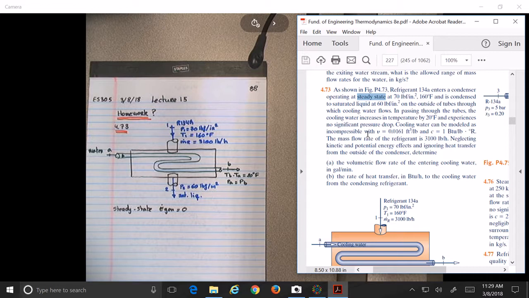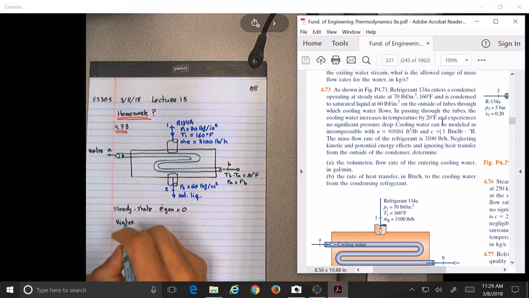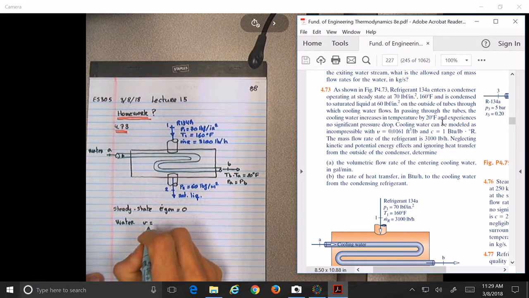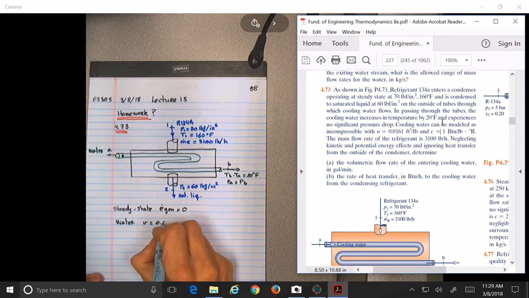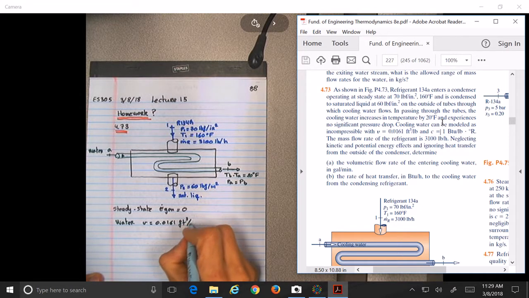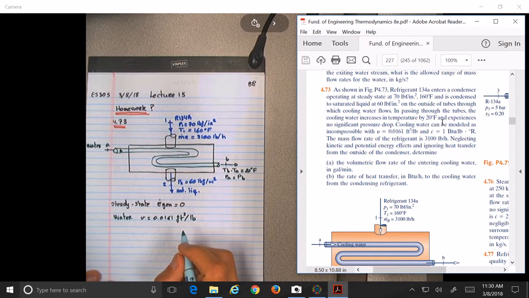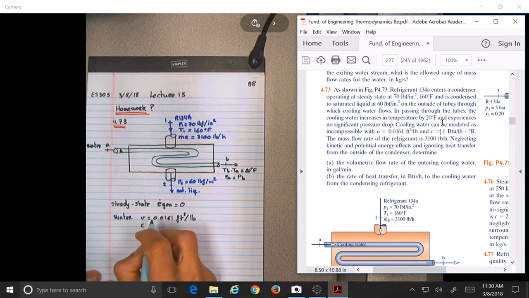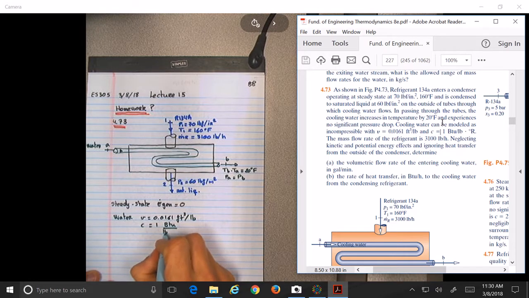Cooling water can be modeled as incompressible with v equal to, okay, so for water, they say we can take the specific volume to be equal to 0.0161 cubic feet per lb, and c, which is the specific heat, equal to 1 BTU per lb degree Rankine.